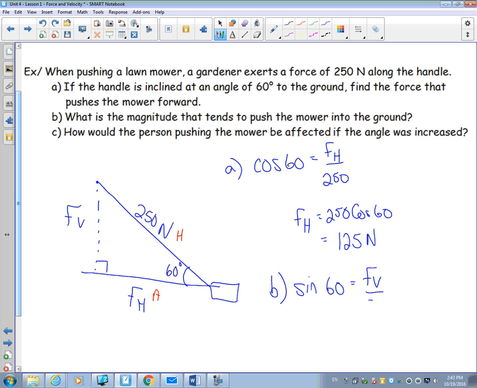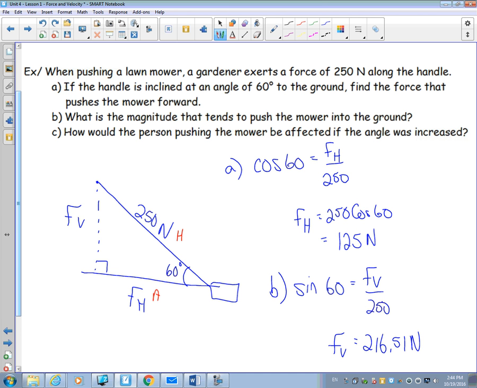But everything else is exactly the same process. We can cross multiply again, and our vertical force will turn out to be 216.51 newtons. So by pushing at an angle of 60 degrees, which is a pretty steep angle, we actually have more force pushing the mower into the ground than we do have the mower going forward.